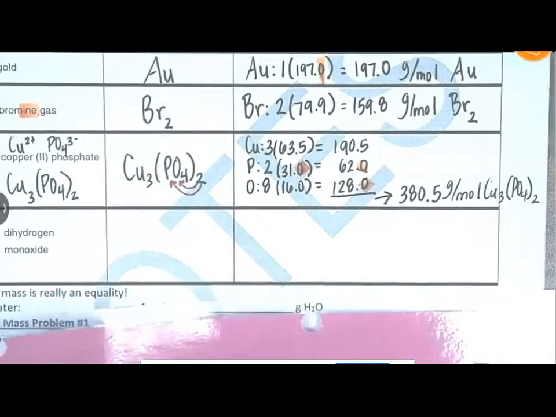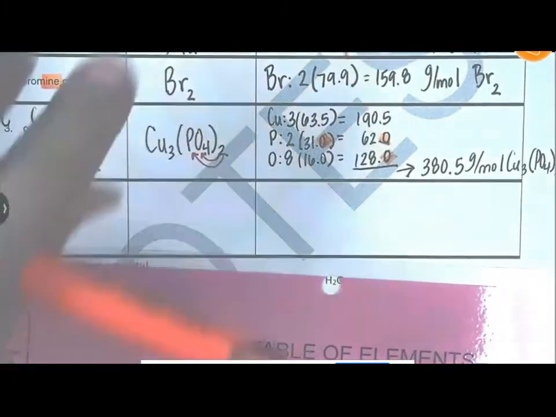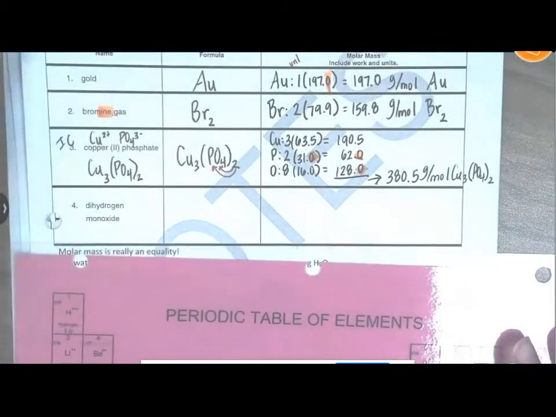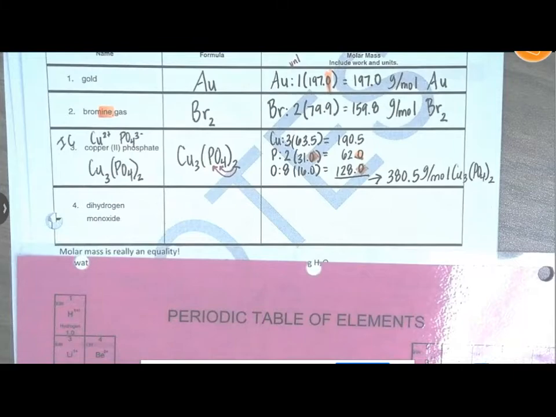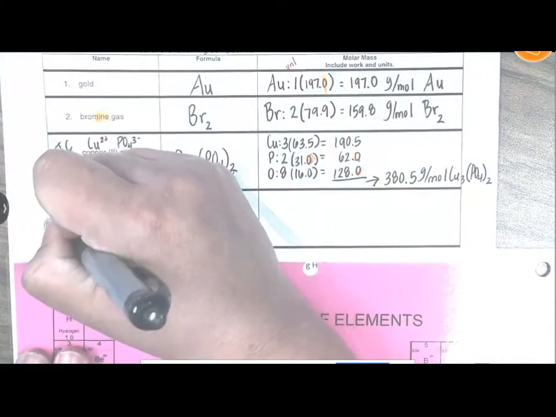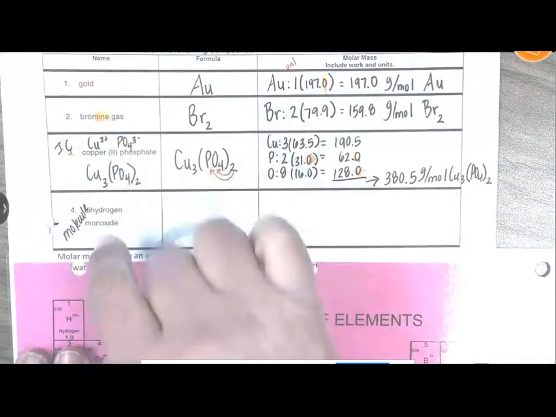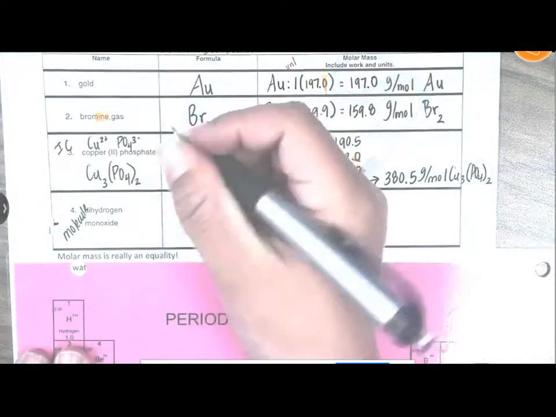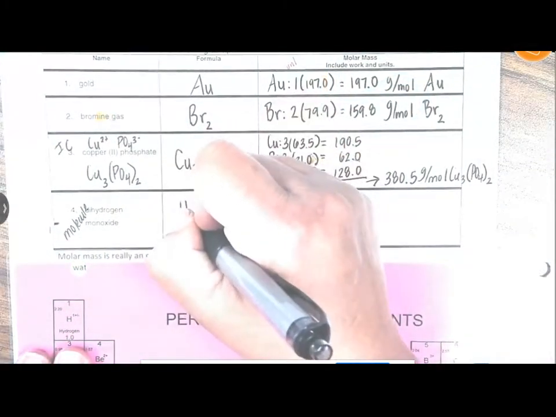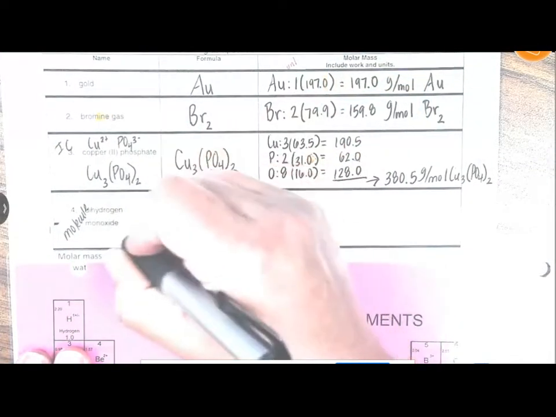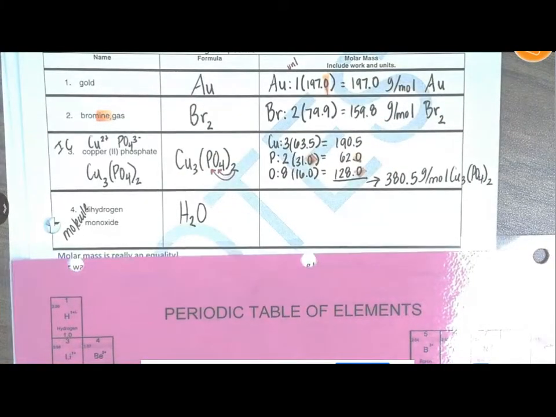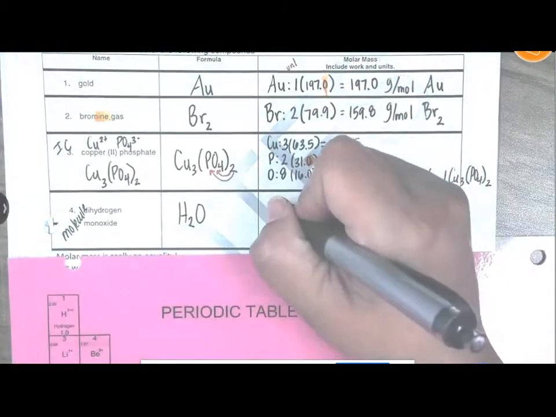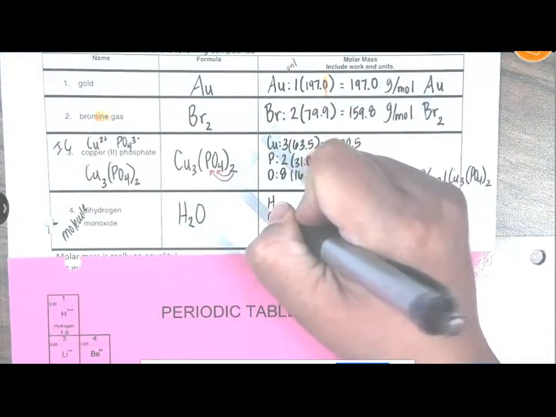Moving on to the next one, dihydrogen monoxide. I recognize right away that I have prefixes. So when I have a prefix, right, it's a molecule. And when I have a molecule, I interpret the prefix. Di means 2, so it's H, hydrogen, 2, monoxide, O would be 1. We know that that's water. So I go ahead and figure out how many H's and how many O's I have.